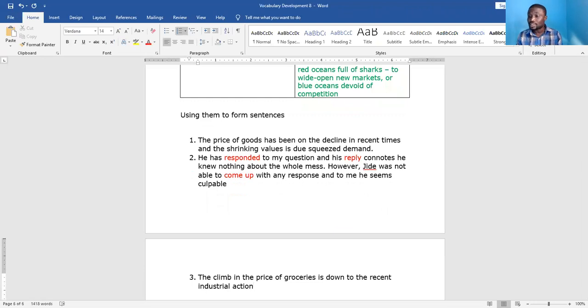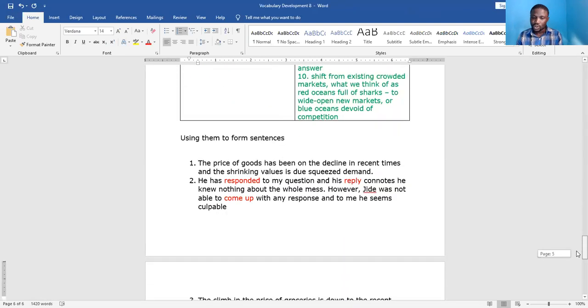I am using the word strike because it's what's commonly used in Nigeria, but industrial action, if it's first mentioned, you can use the most standard word. The climb in the price of groceries is down to the recent industrial action by manufacturers. Yes, manufacturers.